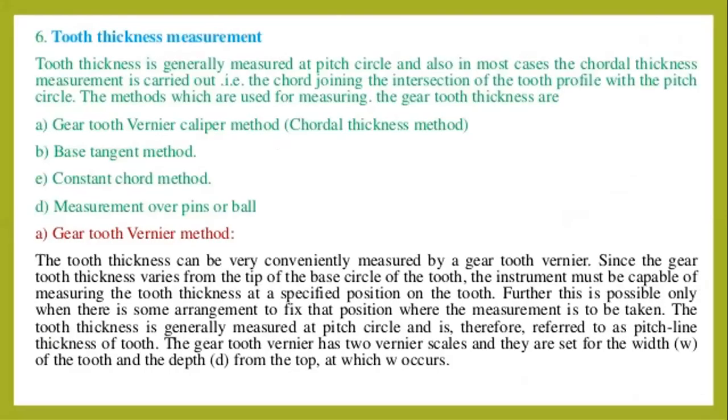So we are going to explain the tooth thickness measurement here. Generally this tooth thickness is measured with the help of the pitch circle. So you have to measure it with the pitch circle only. And also in most cases the chordal thickness measurement is carried out.